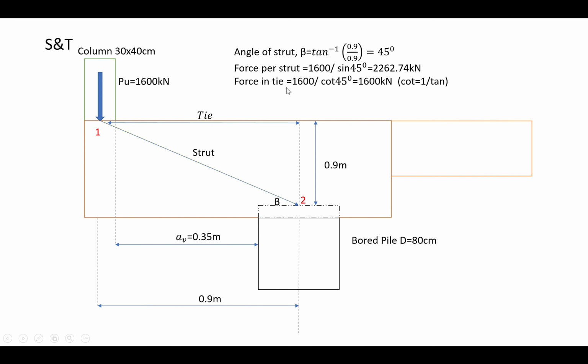Now we want to design the rebar at the tie zone. So we take the value 1600 kN to calculate the tension rebar at the top of the pile cap.